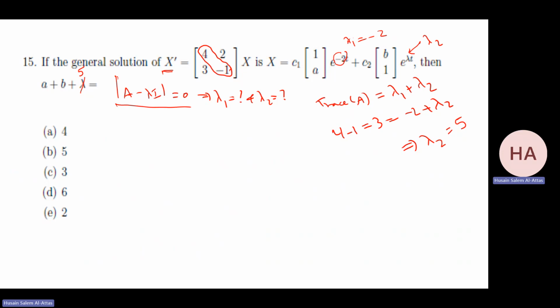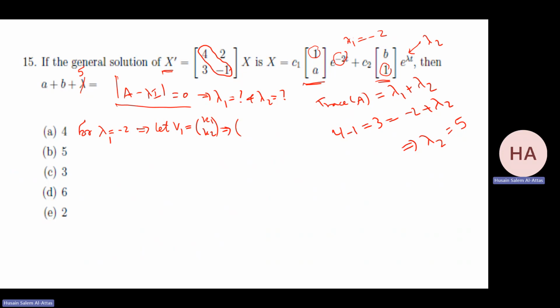Okay, now we'll find the eigenvectors, this and this. Notice here my K1 is 1, here my K2 is 1. So I'll have that in my mind. Now for lambda equal minus 2, lambda 1, we need to find the eigenvector. Let it be 1, K1, K2.